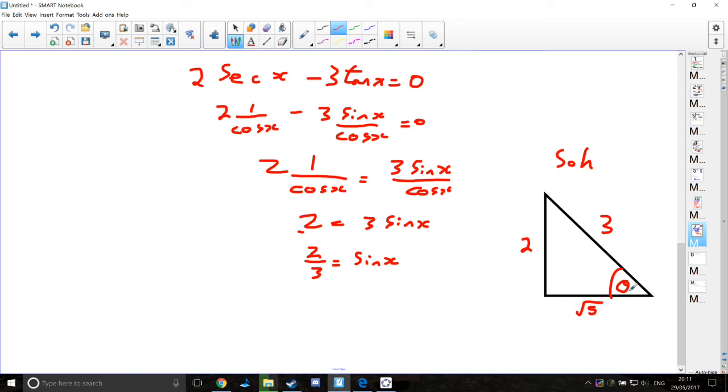So I could quite happily work out what cos x is. Cos x is the adjacent over the hypotenuse, so it's root 5 over 3. And then tan x is the opposite over the adjacent, 2 over root 5.